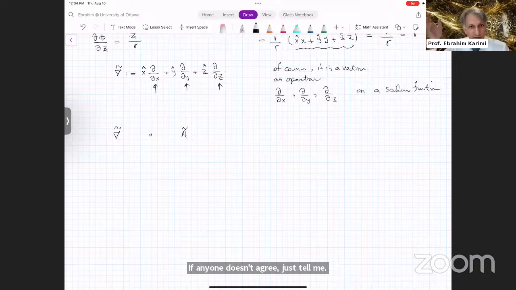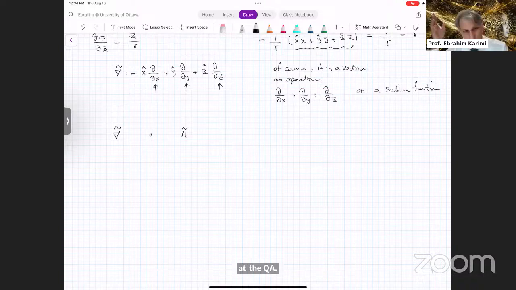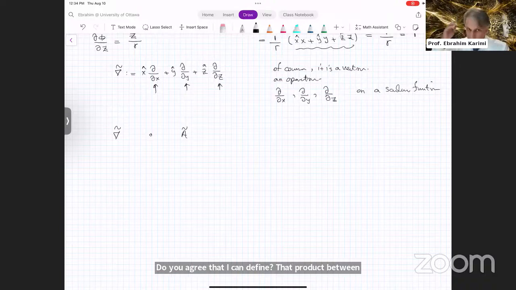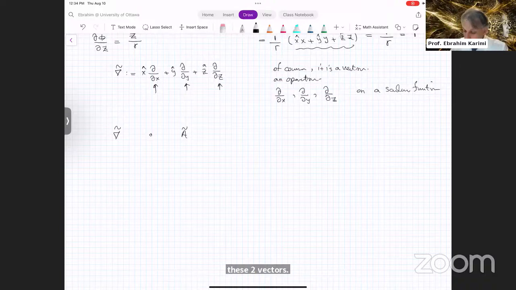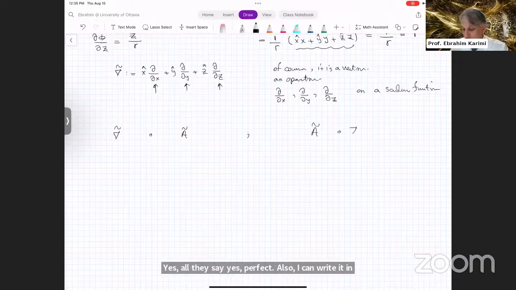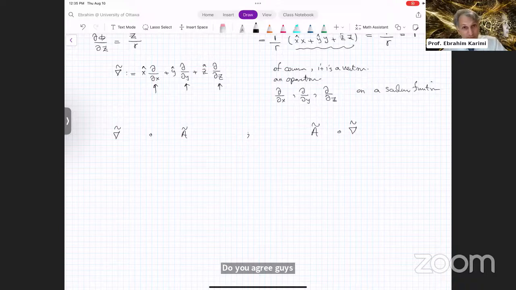Do you agree that I can define a dot product between these two vectors? Okay. Yes, they all say yes. Perfect. Also, I can write it this way: A dot del. Do you agree, guys? I can write it in these two formalisms.